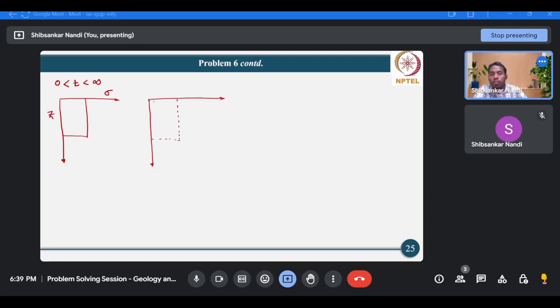Okay, so this is the variation of u versus z. Now coming to the effective stress, as you can see, something of this kind of variation you will get. Okay.